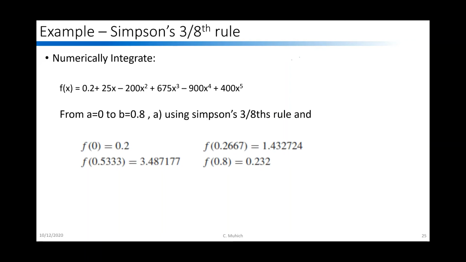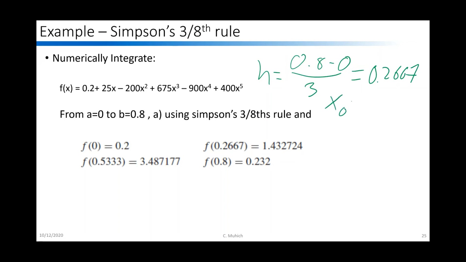If I take 0.8 minus 0 over 3 to have my 3 even segments, we get 0.2667.